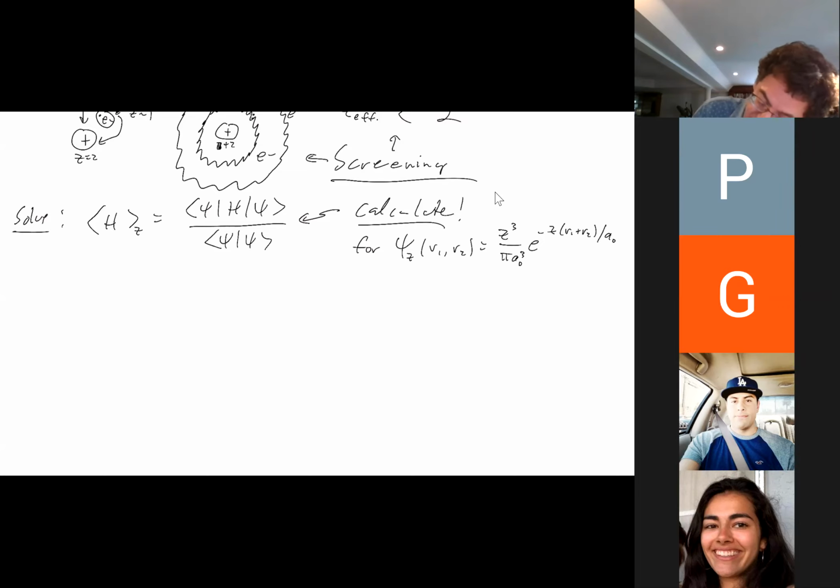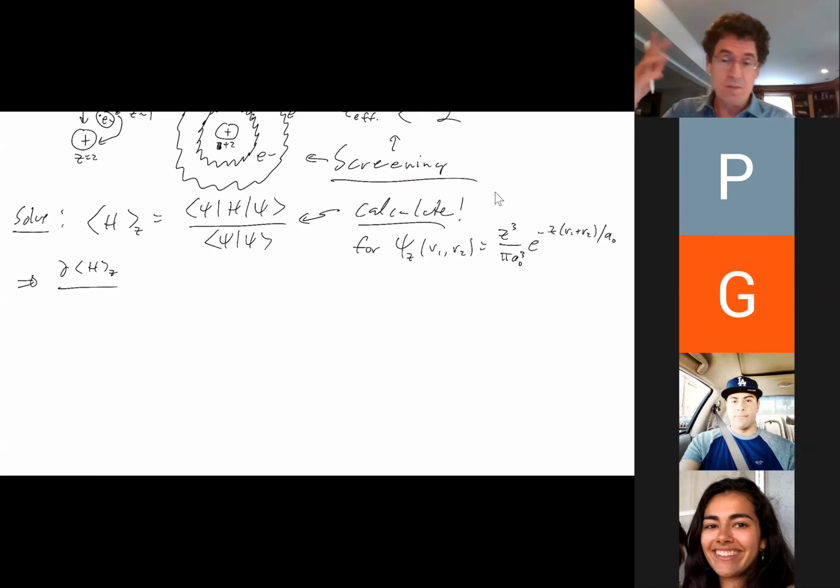We've got to calculate that, and then we're going to take the derivative with respect to what variable? Once we calculate it, we're going to get some messy function. We're going to take the derivative with respect to Z, and set that derivative equal to 0. That will give us the Z min. And then we're going to take the Z min, and what are we going to do with it?